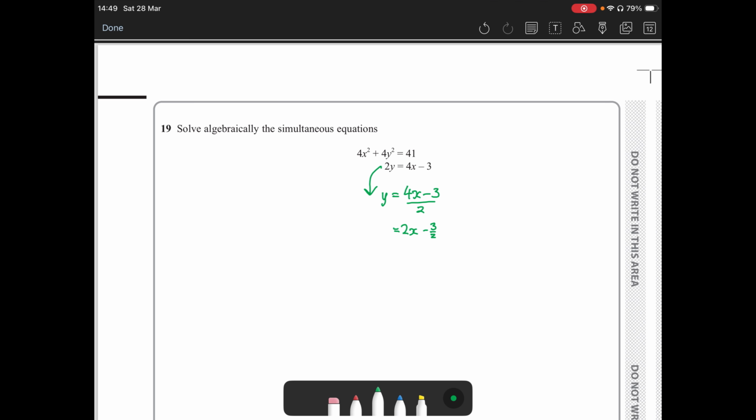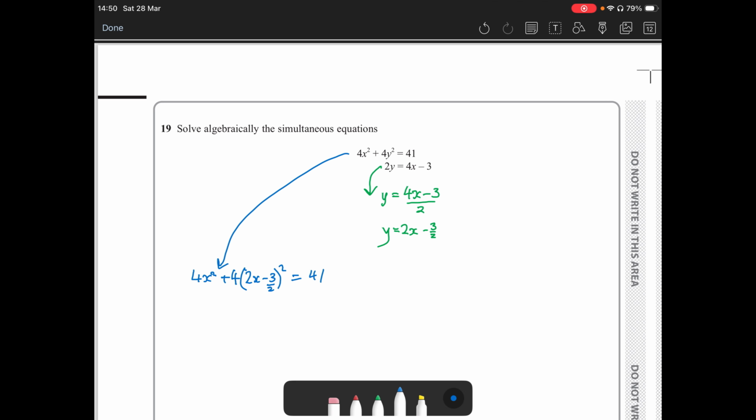We've got an expression for y, and now I'm going to substitute this into my first line. So I'll write 4x squared plus 4 lots of 2x minus 3 over 2, squared, and that will be equal to 41.